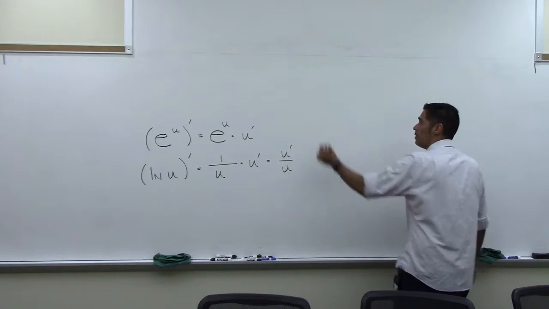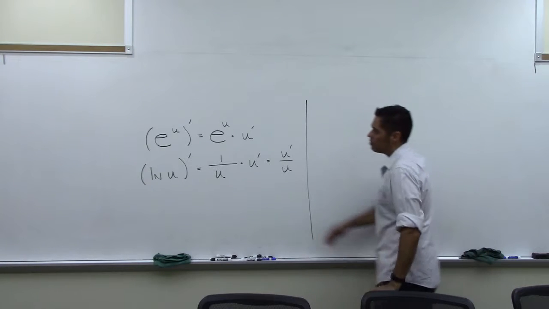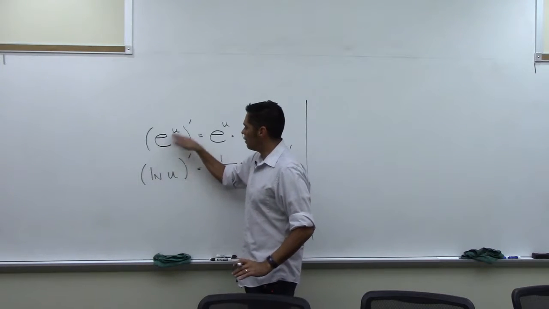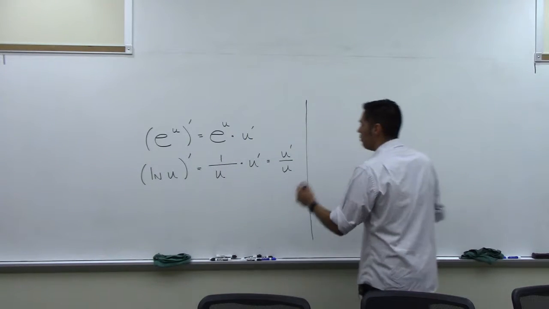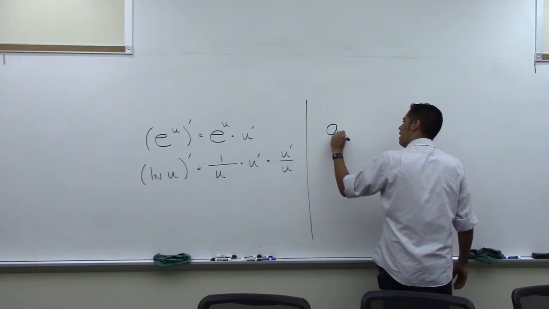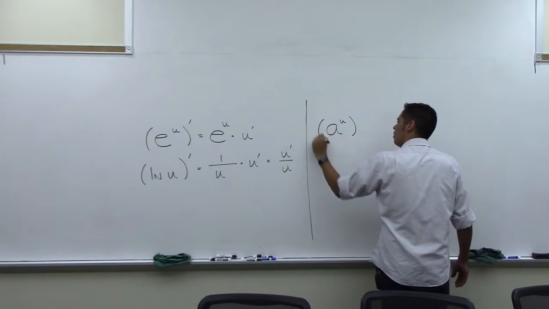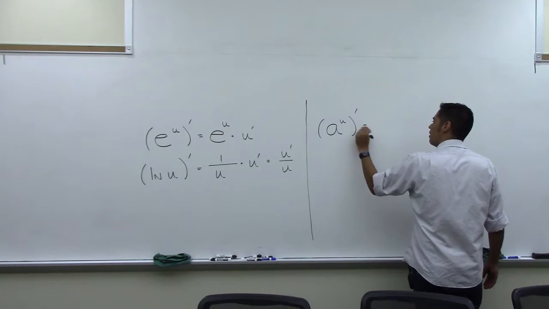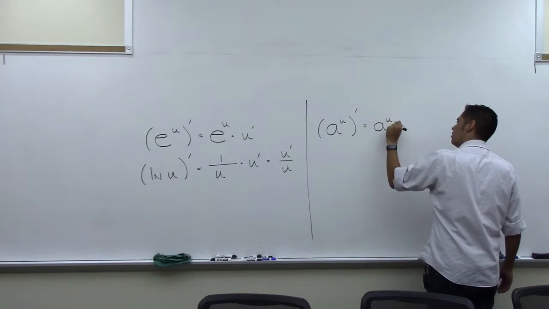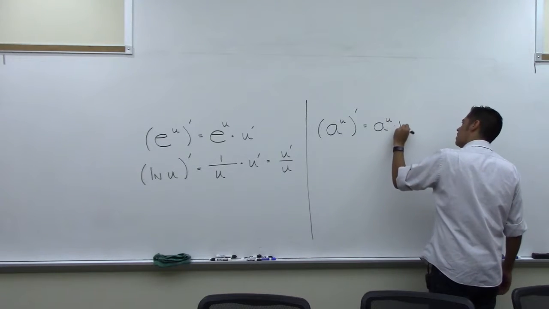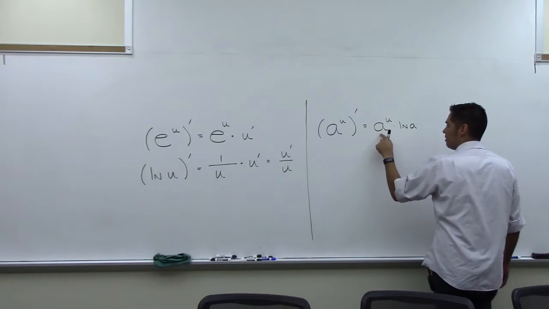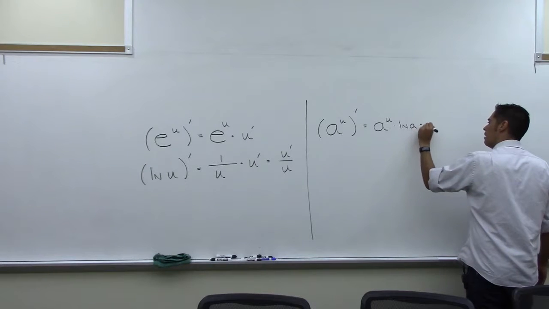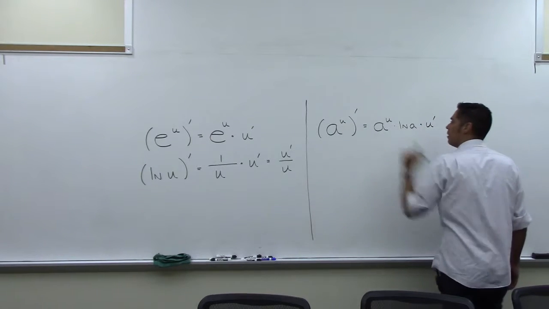And then if you step away from the natural log and the natural exponential functions, you get more general. The formulas we have are a raised to the u, where a is a number and u is some function of x. The derivative of this will be a to the u, so itself, times natural log of the base, that's natural log of that number, times the derivative of what was up here.